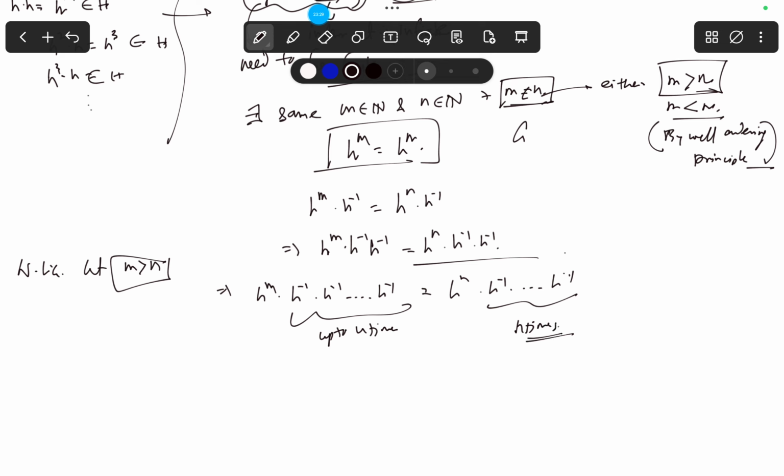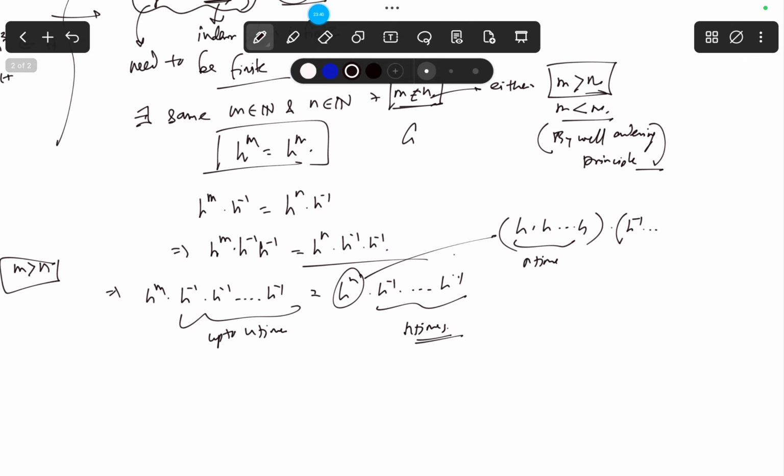But h power n is nothing but h times h up to h, which is n copies of h, times h inverse up to h inverse, which is n copies of h inverse. Now this h and h inverse, by the associativity property, we can club them up so that they vanish. Similarly the next h times h inverse vanishes. Thus we go on and get exactly e of G, the identity element of G, right?